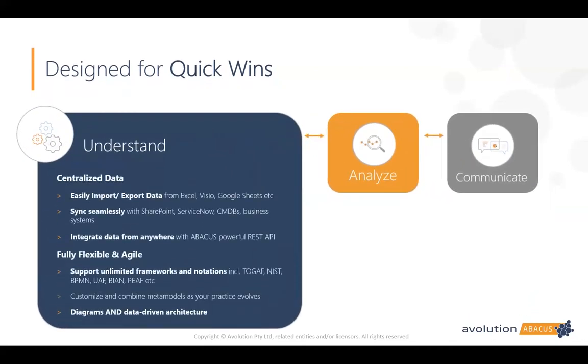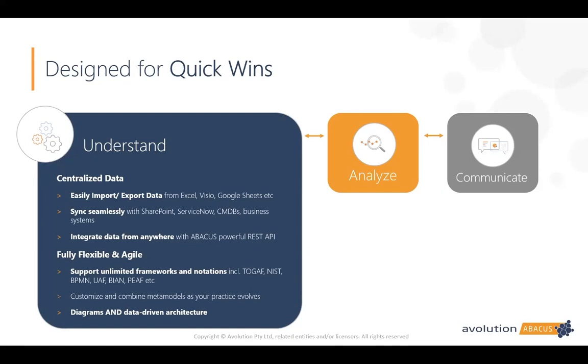ABACUS's centralized repository underpins it all, and it's key to helping you and your stakeholders understand the enterprise, as well as helping you as architects show value very quickly. So for starting up and also for keeping your repository fresh, you'll have ready-to-use integrators, a very robust REST API to push and pull data, and the capability to import from a number of popular file formats.